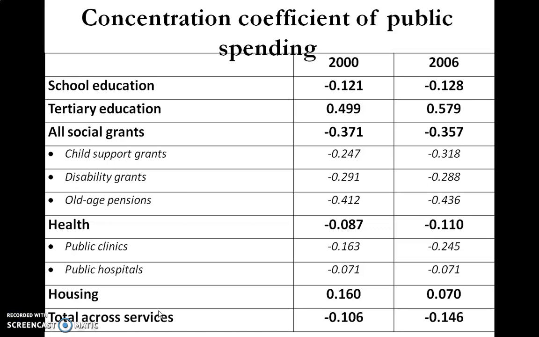So take a look at this table that compares concentration coefficients of public spending between 2000 and 2006 across different functional categories of public spending.